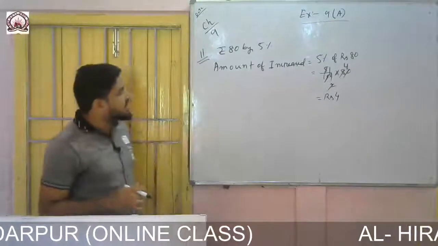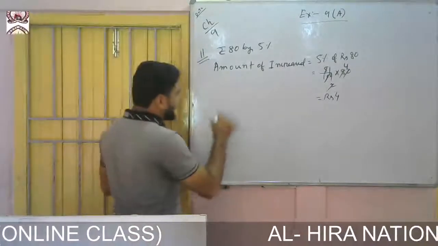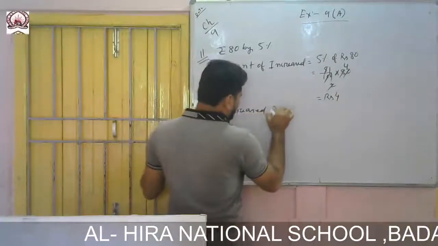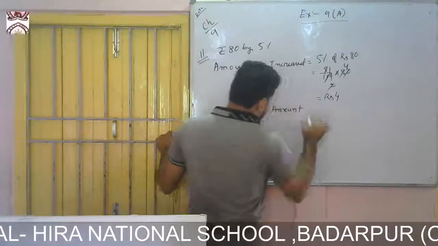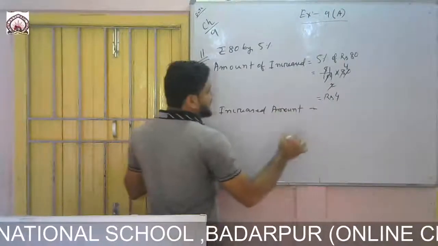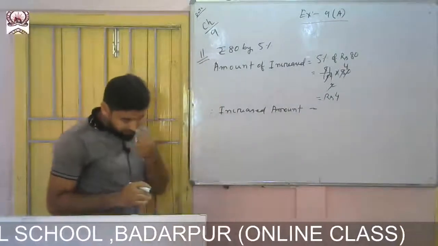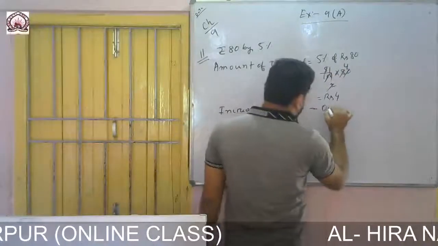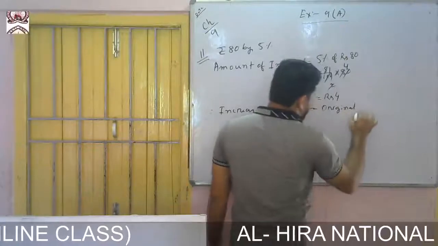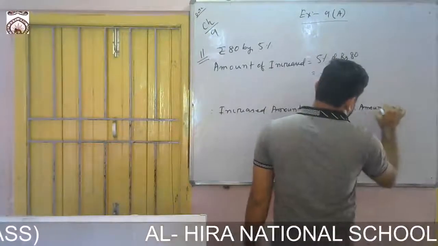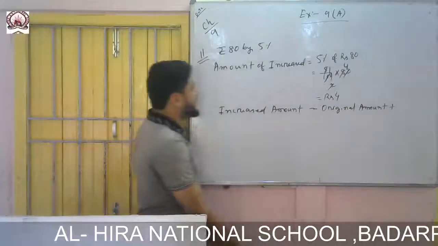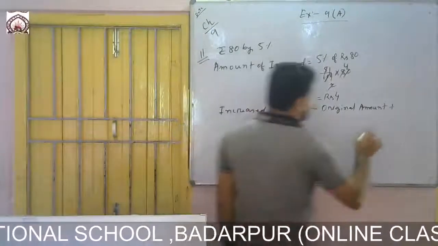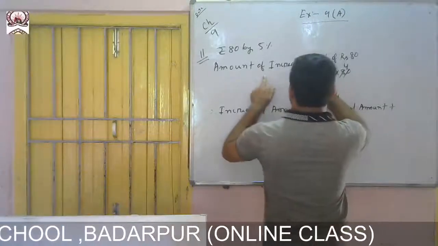Now, therefore, increased amount will be original amount, 80, plus the amount of increase.